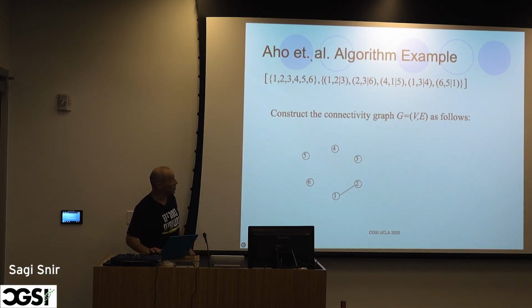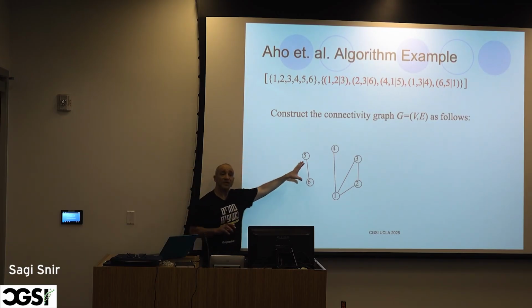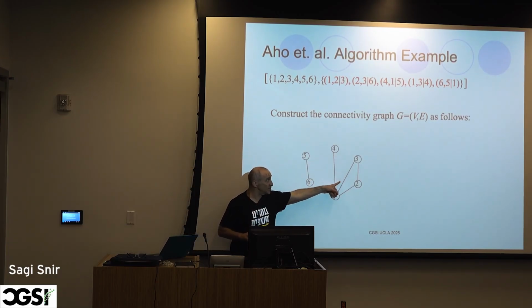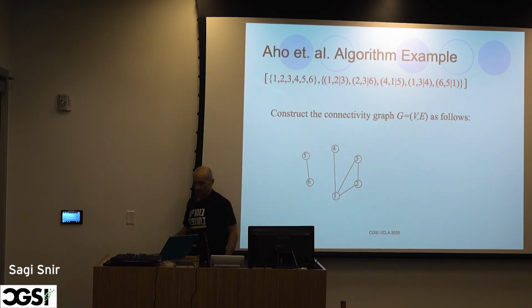And now we connect 2 and 3. Now the middle triplets, 4 and 1. And now 1 and 3. And now 6 and 5. So this is our connectivity graph that was constructed on the species set. This is the species set, and this is our phylogenetic signal. The triplets are the signal.